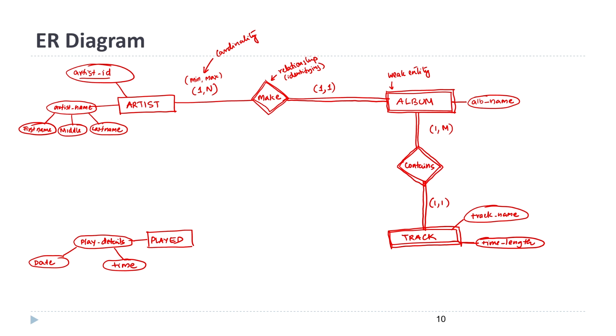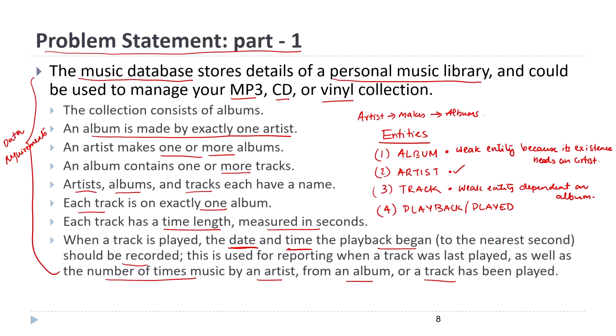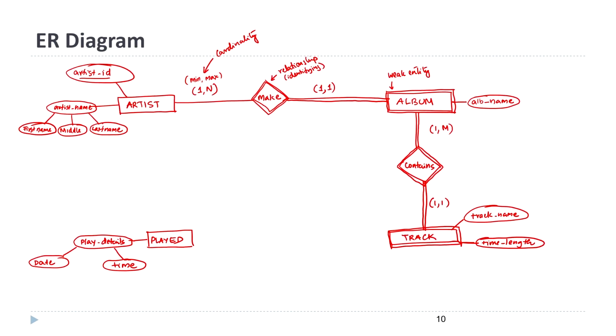Now, it is also said that the time of the playback should be stored to the nearest second. So, I am going to assume at this point that the date we are going to store as dd mm yy.